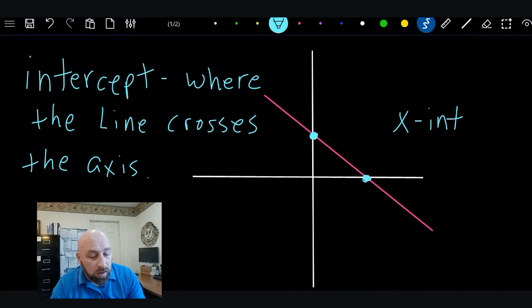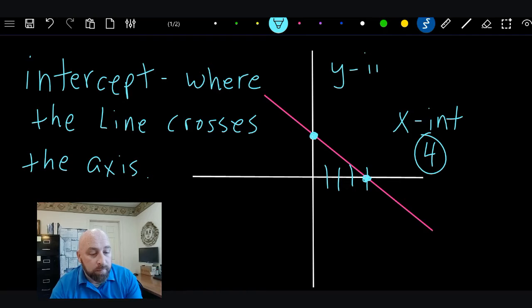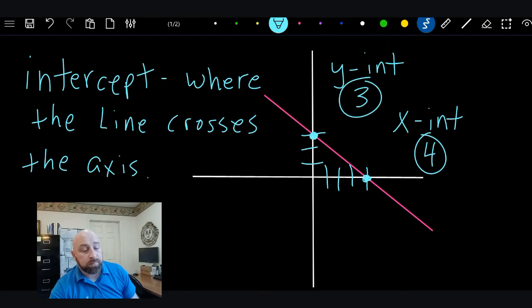Let's say it's 1, 2, 3, 4, okay? So the intercept for the x would be 4. In other words, it crosses the x line at 4. The y-intercept would be where? 1, 2, 3. Let's call that 3. So the y-intercept would be at 3. And that's where it crosses the x line and where it crosses the y line.